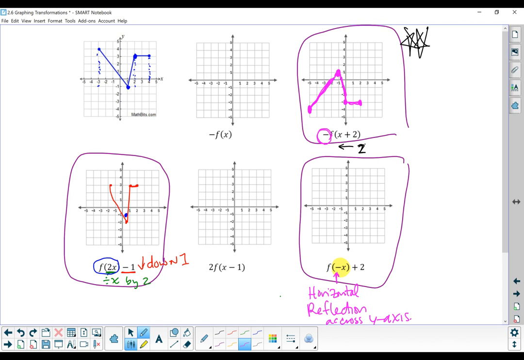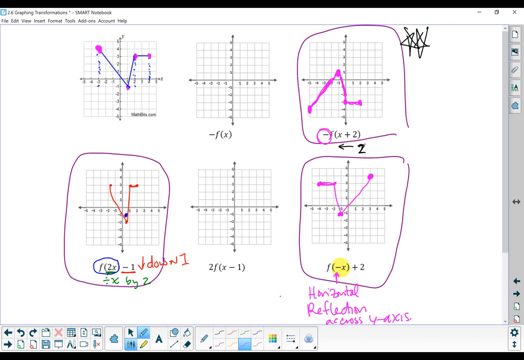So this point, starting at this upper left point, that's going to reflect over to the right side of the x-axis. These two are going to reflect to the left side of the x-axis, and then this guy down here at 1, -1 is going to be at -1, -1.